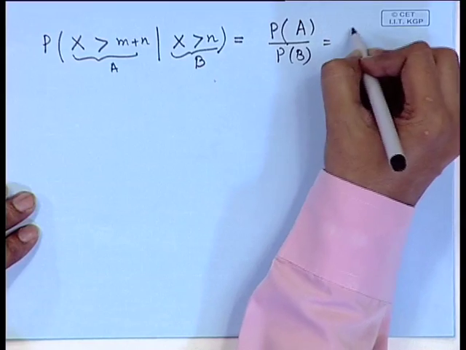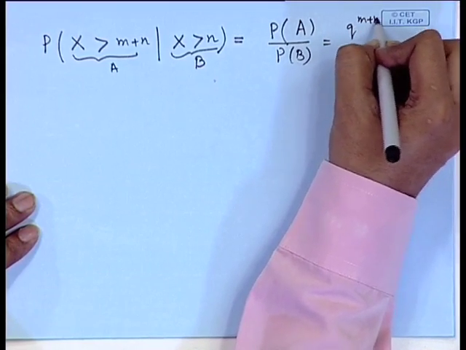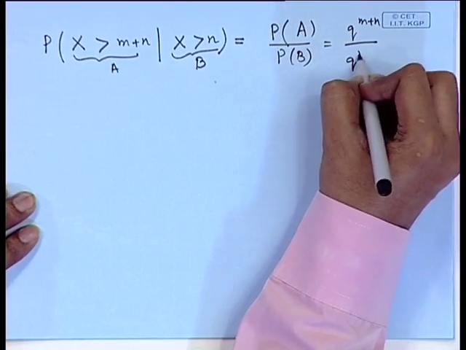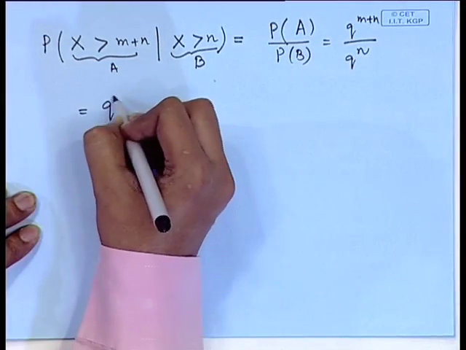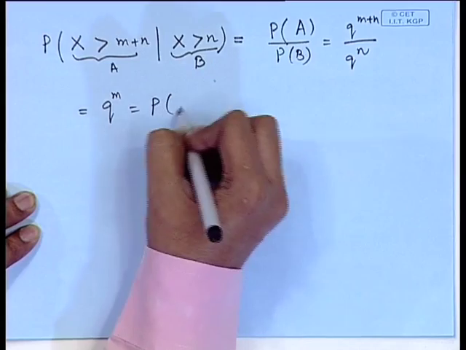Therefore, these probabilities will become q^(m+n) divided by q^n, and this is equal to q^m, which is probability X greater than m.